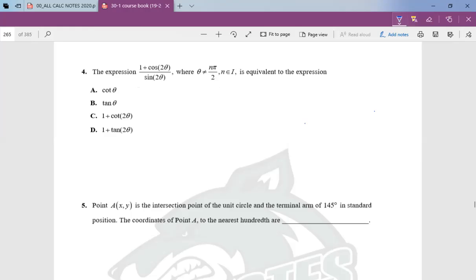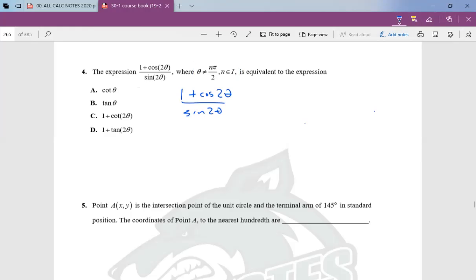So if we are simplifying 1 plus cos 2 theta over sine 2 theta, this part really is just telling you about your restrictions, what happens because of the denominators. And so that tag on the end, we don't really need to worry about that. We're just going to be simplifying that. It's really just expressing our restrictions for us.